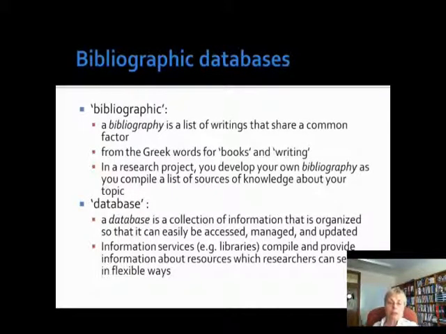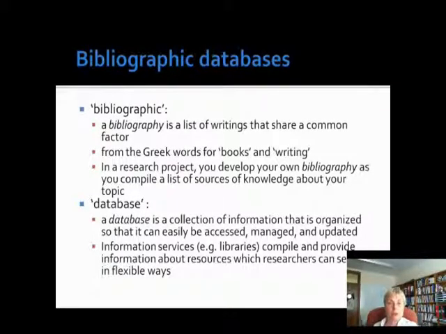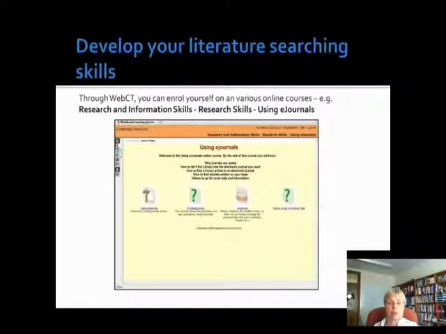So libraries and the information resources systems that they subscribe to will tell you about particular topics in particular ways. So you can search bibliographic databases in a number of different ways, and you can learn to do this using the library resources and the tutorials and so on that are available there. You can also learn more about how to use electronic journals and so on from WebCT.